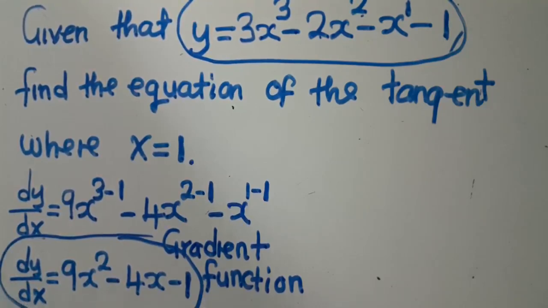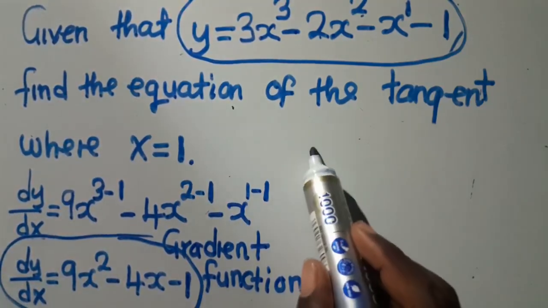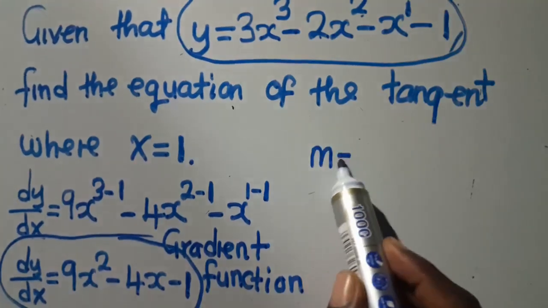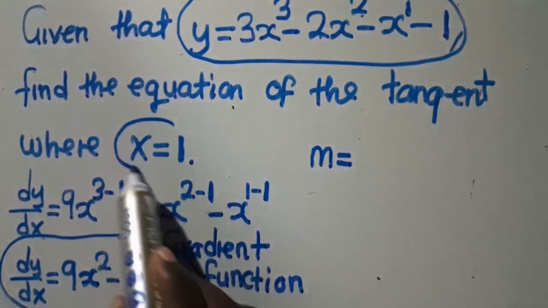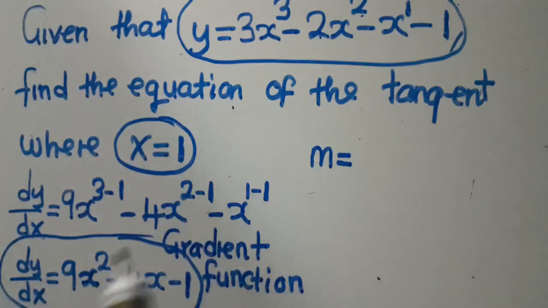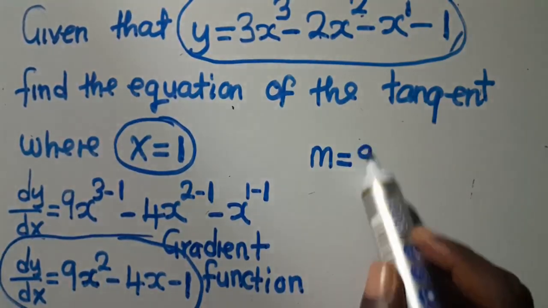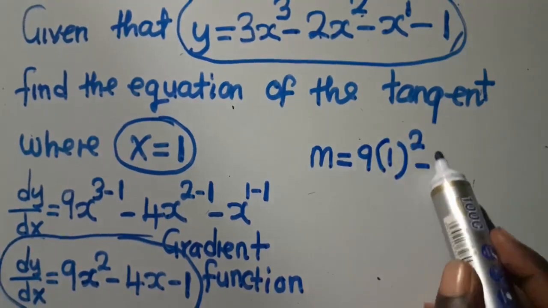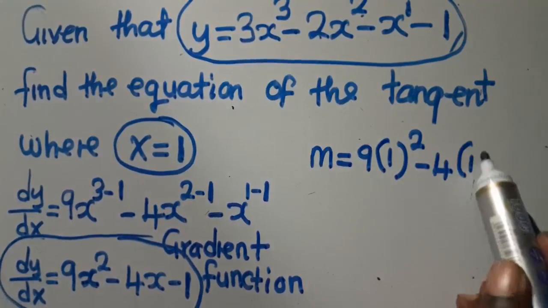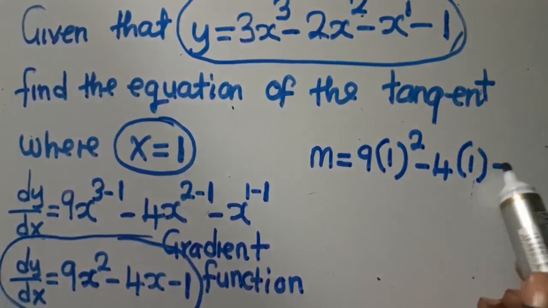Since it is the gradient function, we are going to say that m is equal to, then where there is x here, I'm going to put the value that is given in the question. x is equal to 1. Where there is x, I put 1. So this is 9 times 1 squared minus 4 times 1 minus 1.